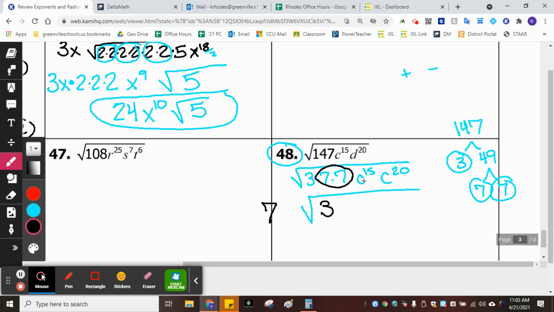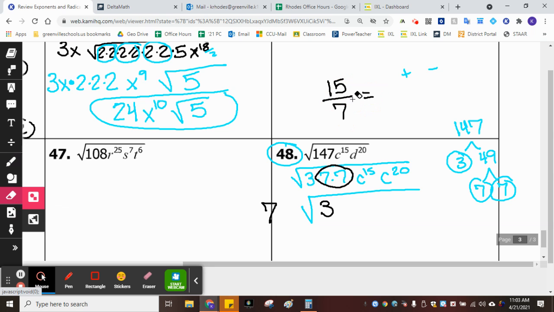All right, if I have 15 C's and I divide that by 2, why is it lagging? 15 divided by 2 is 7 and a half, or 7.5. So you can make 7 groups of C's.